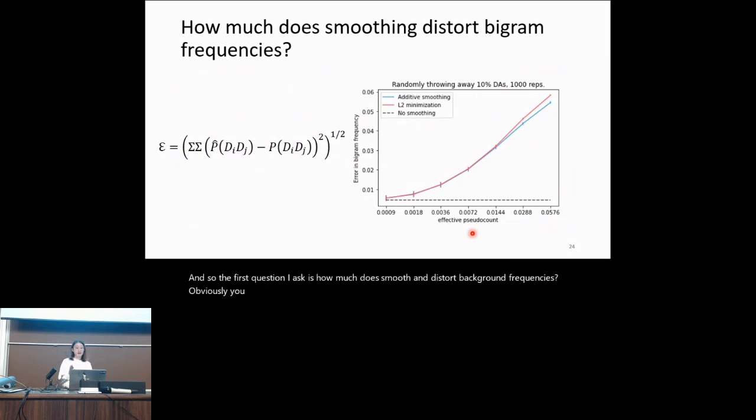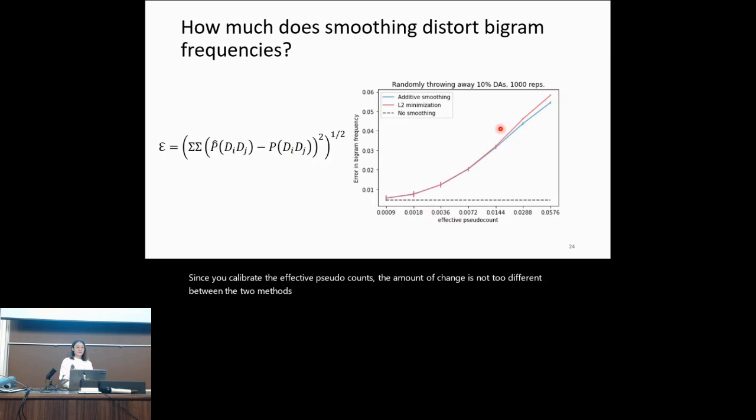Obviously, you add a lot of counts to unseen bigrams, and the number of unseen bigrams exceeds the number of seen bigrams. And so here, I measured the error in bigram frequency relative to the genuine. And well, since you calibrate the effective pseudocounts, the amount of change is not too different between the two methods.